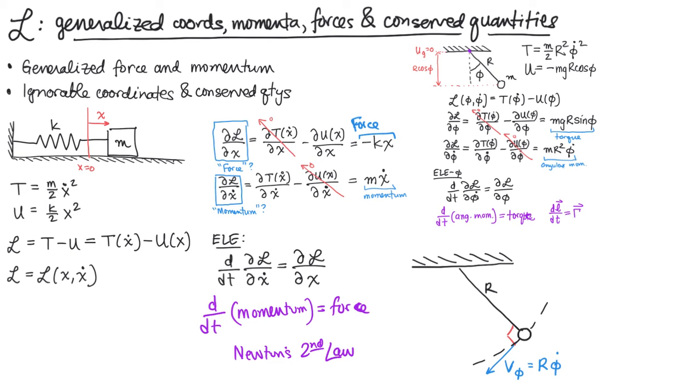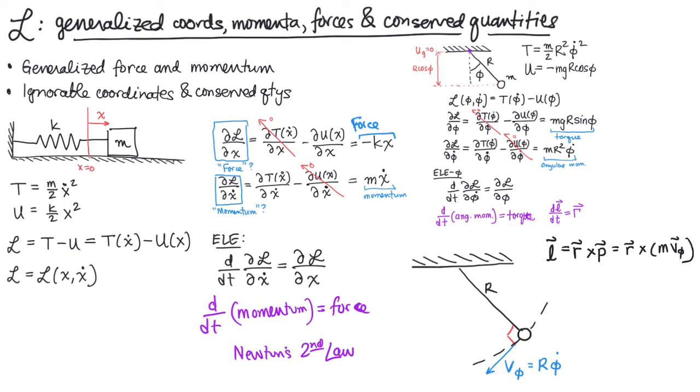So to see how mr squared phi dot is equal to the angular momentum, let's look at this in this problem. We have the pendulum, we have a velocity that's tangent to the trajectory. The trajectory is a circle, so we know that the velocity is perpendicular to the radius. And so if we want to write down the angular momentum, we would say the angular momentum is r cross p, which is r cross m v phi.